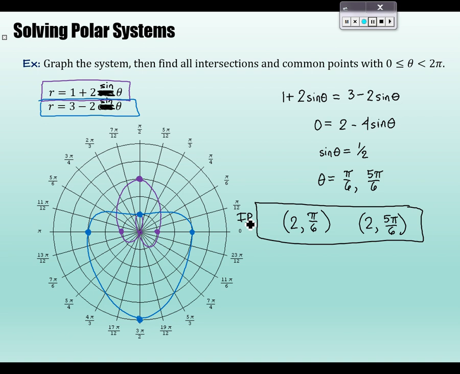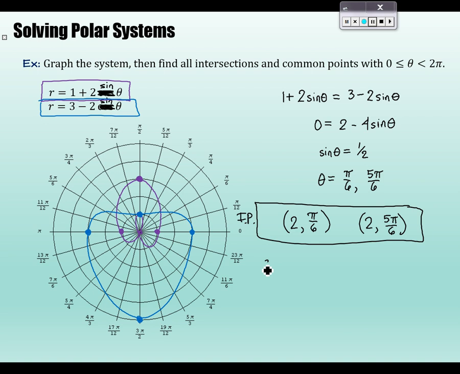I know 2 sine theta ranges between negative and positive 2. So the whole thing ranges between positive 3 and negative 1. And if we get a negative and a positive number, then we're creating 2 loops. The outside loop here will be 3, which happens in the pi/2 direction. And in the 3 pi over 2 direction, that's when we get -1 for r. So in the 3 pi over 2 direction, we're actually up here. That's a little weird, but we're okay with it.